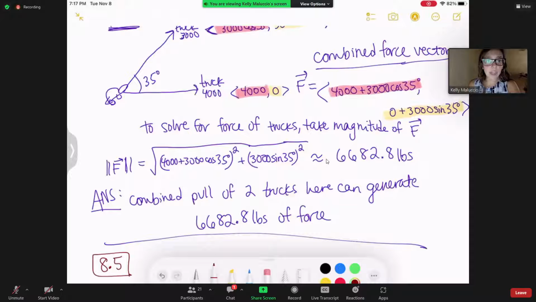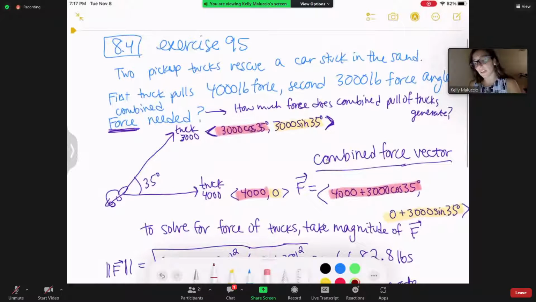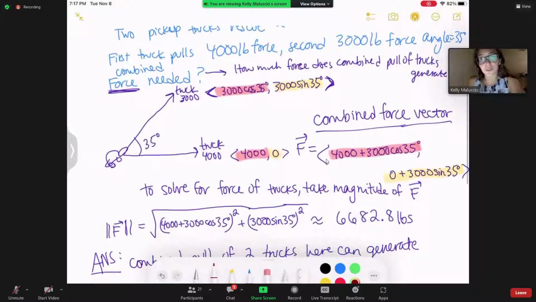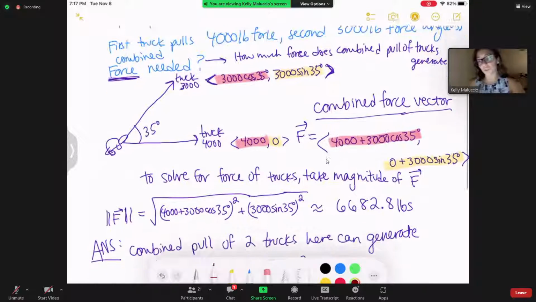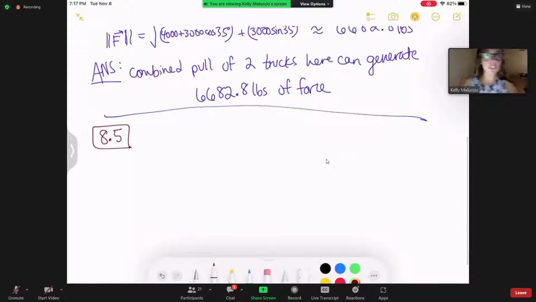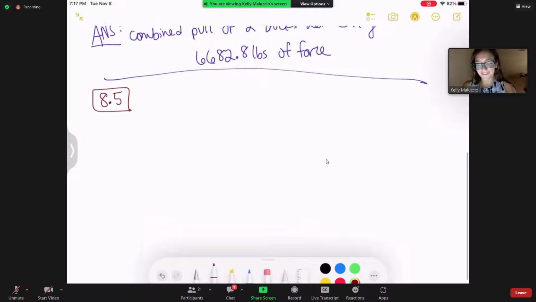There might not actually be one like this force problem, but it was good practice. There's that work one, and then there's a true bearing and speed, or speed and bearing one, which we'll do right now.